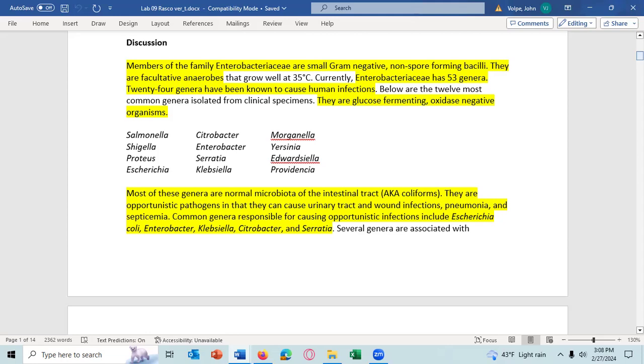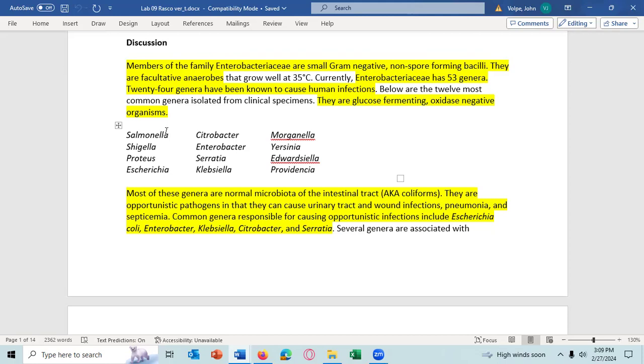And here we're listing some of the normal, common genera, which are part of the normal microbiota of most, well, a lot of people, not all people, obviously, like Salmonella isn't part of our normal microbiota, but it is part of the microbiota of animals, particularly birds. And these are usually the microbiota of the intestinal tract, and we call these organisms coliforms.